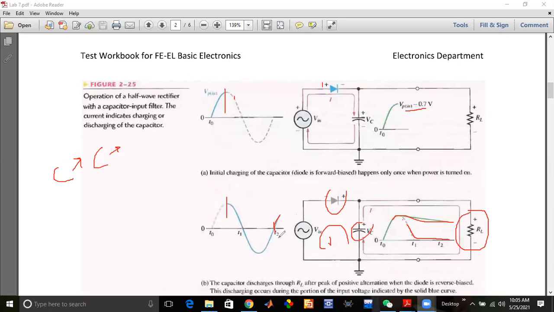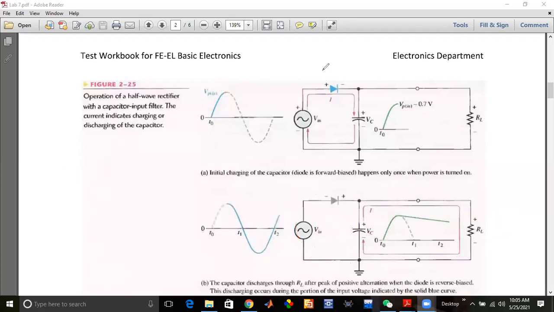So from this portion to this portion the capacitor will be charged, and from this portion to this portion it will be discharged, and then charged again and discharged again. But the capacitor charges quickly, so for charging it takes little time, and for discharging it takes a large time.